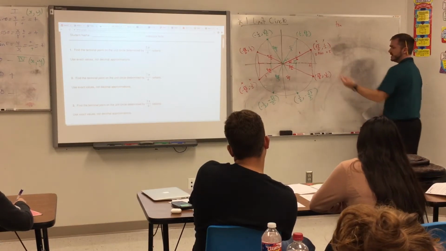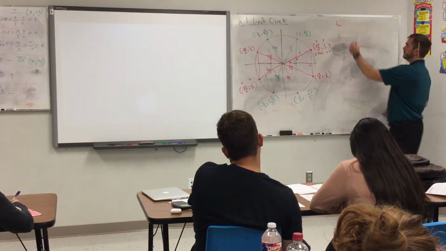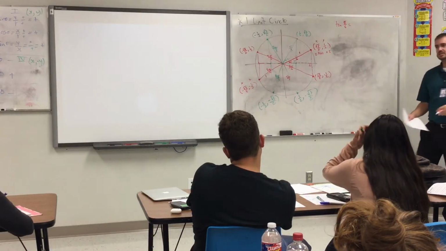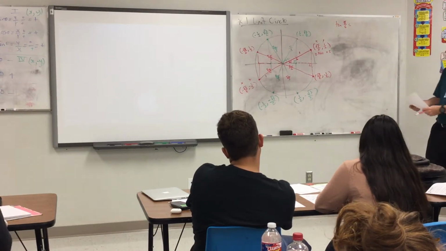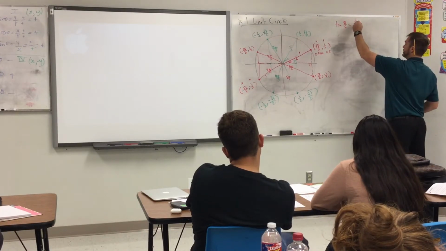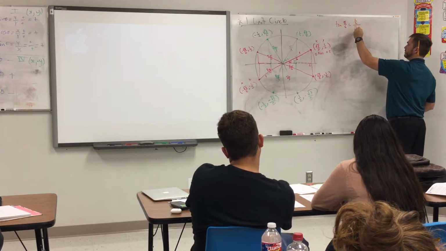So let's say tangent. We'll just go ahead and use this one right here, for example. So tangent of pi over 6. With a tangent, you're just going to have to bite the bullet and do the fraction work. It's the y over the x. So it's going to be the 1/2 over the square root of 3 over 2.